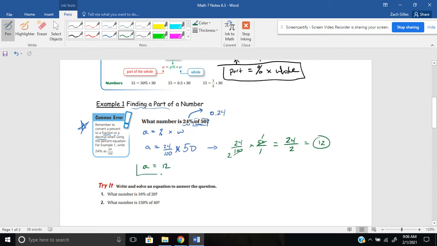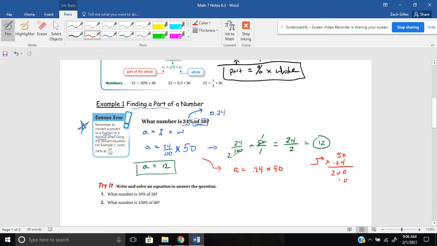The part is 12. Now, if you don't like working with fractions and you like working with decimals instead, that's fine. I'm going to show you that you could do that as well. You could say A equals, instead of 24 over 100, 0.24 times 50. Let's see what that would look like. 50 times 0.24, or 24 hundredths. 4 times 0 is 0. 4 times 5 would be 20.